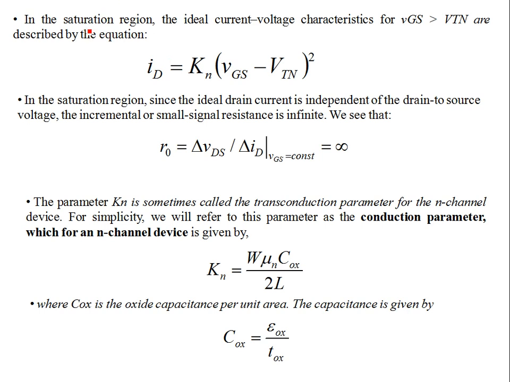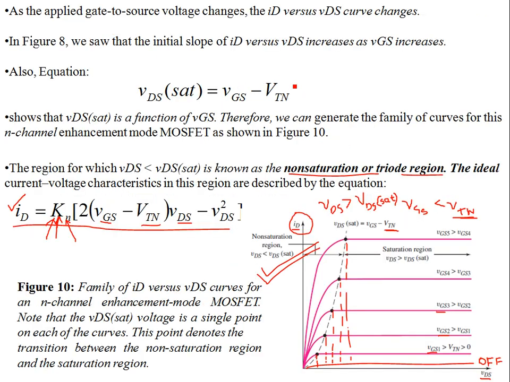In the saturation region, you can use this relationship for the given VGS and VDS, and you can find the drain source current from here. If you're looking at this scenario graphically, for each curve there is an associated VGS, so VGS must be known.